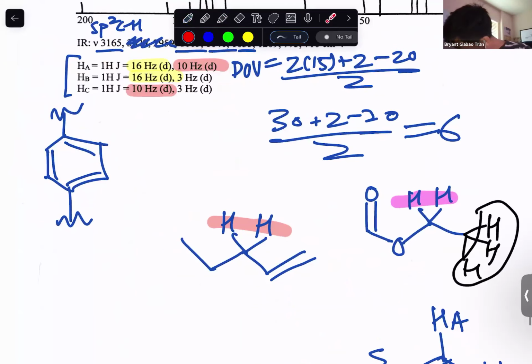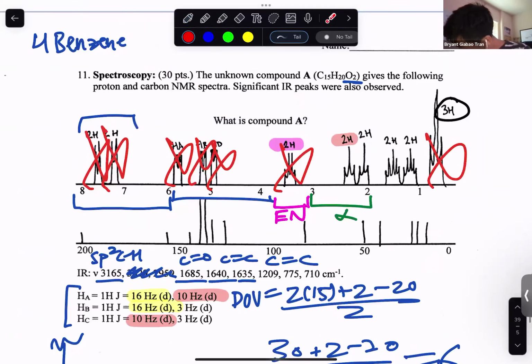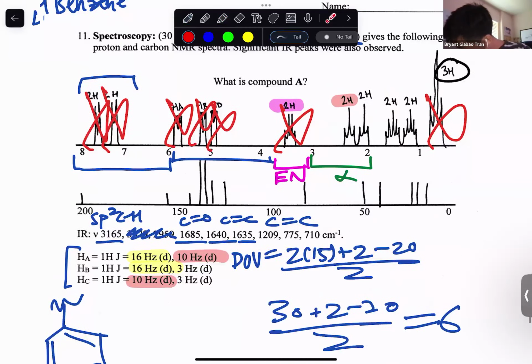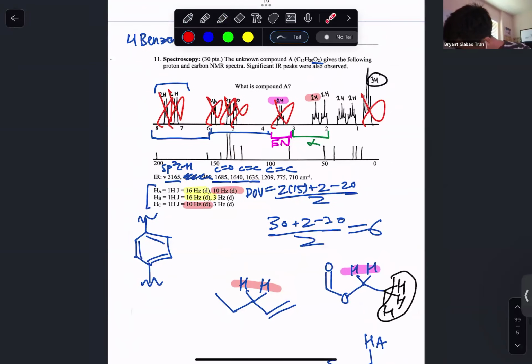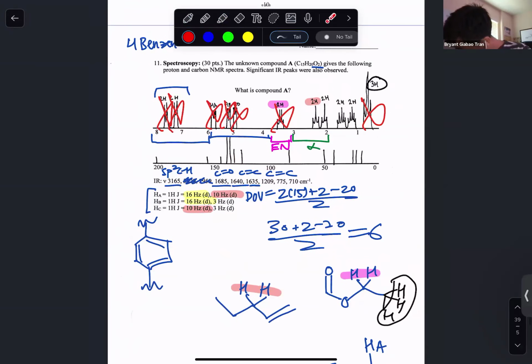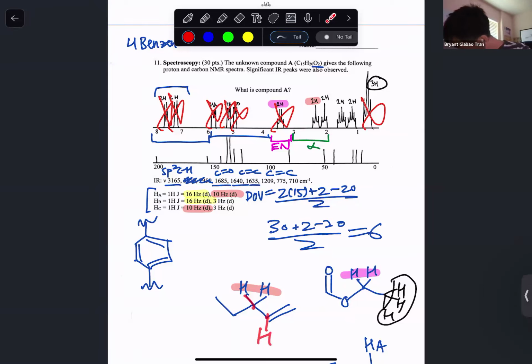Right. We already see 1 neighbor. We got to introduce 1 more neighbor here somehow, but I don't see any peak with 1 hydrogen. Unless this does not count, but it should count though because it's a carbon. 1, 2, 3.